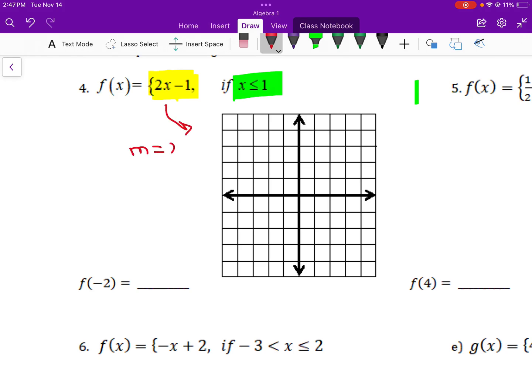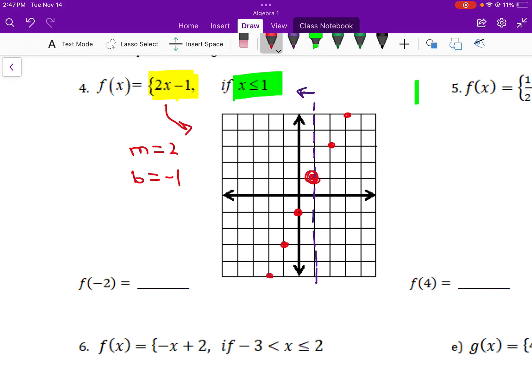My slope here is 2. My b is -1. So beginning at -1, up 2, right 1, up 2, right 1, up 2, right 1, or down 2, left 1. This would be my graph, but I'm truncating it. I'm cutting it at -1. Specifically, I want everything to the left because I want x less than or equal to -1.